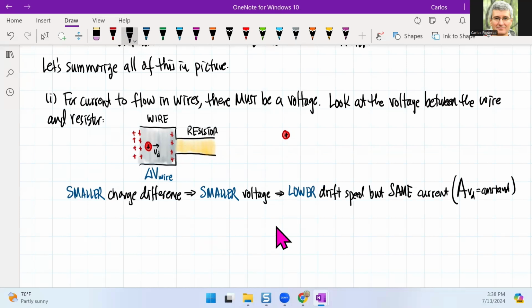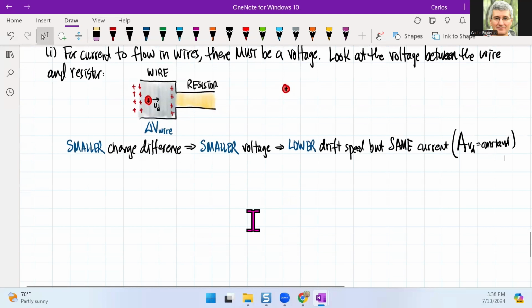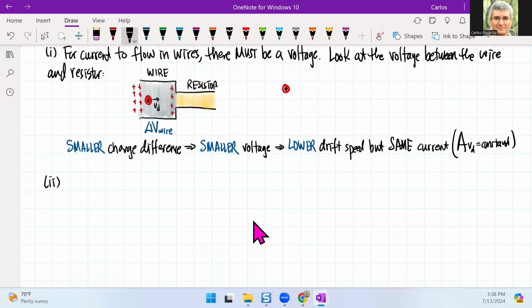Now, let's look at the voltage across the resistor. The drift speed must increase through the resistor.